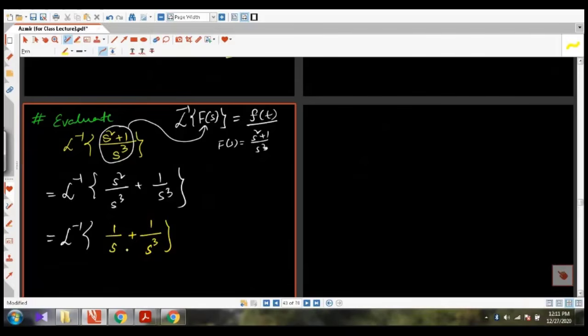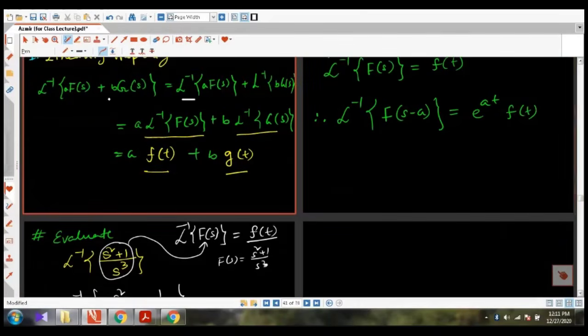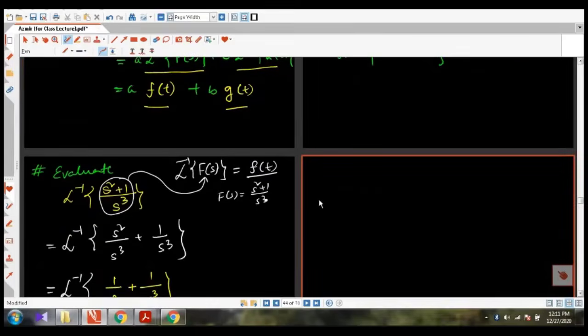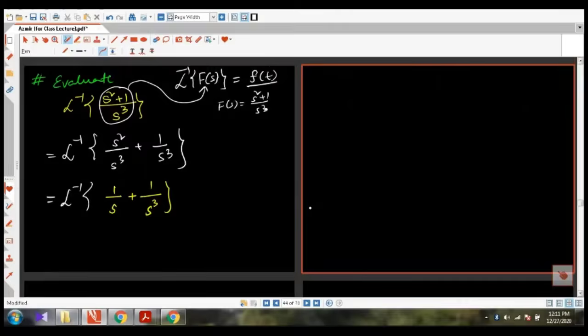Now the linearity property tells us that since we have summation terms, we can separate them. So let's use the linearity property of inverse Laplace transformation. From here we can write: the inverse Laplace transformation of 1 over s plus the inverse Laplace transformation of 1 over s cube.